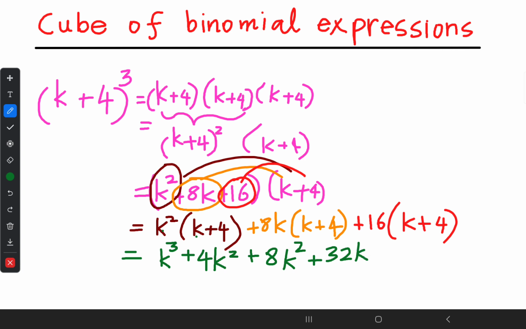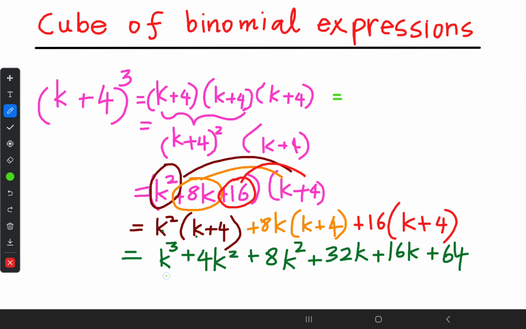Then 16 multiplied with k, in this expansion, is 16k. Then finally 16 multiplied with 4 is 64. Now let's do the final answer.